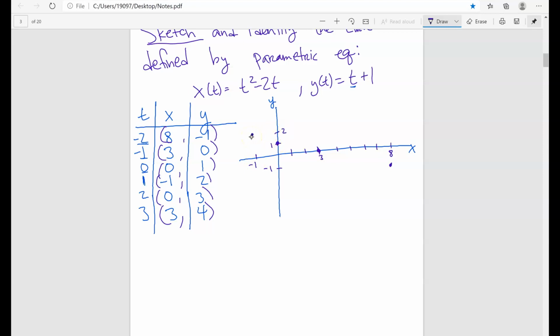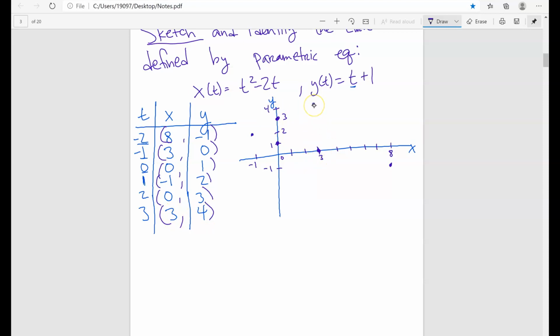So you're going to have that. And now let's plot, where am I? Negative 1, 2, we just plotted that one. 0, 3, so here's 0, and 3 is going to be up here. And then 3 comma 4, so here's 3, and then all the way up to 4.